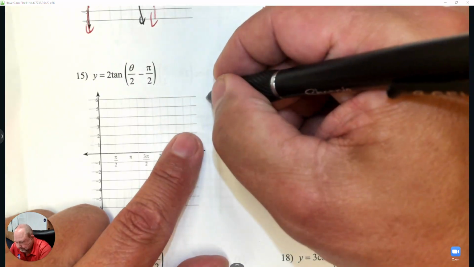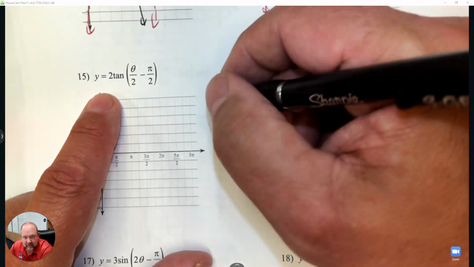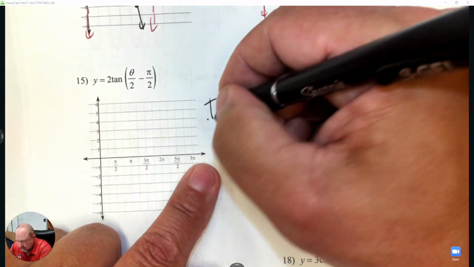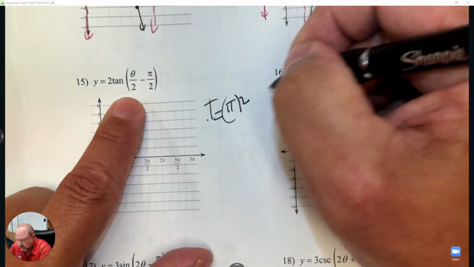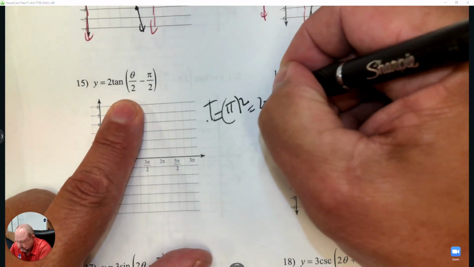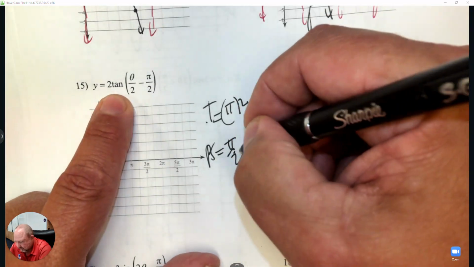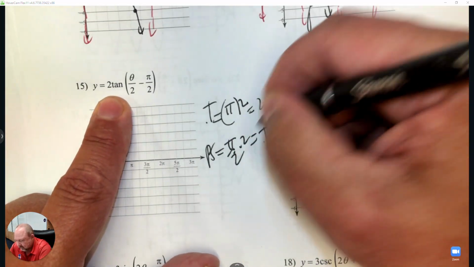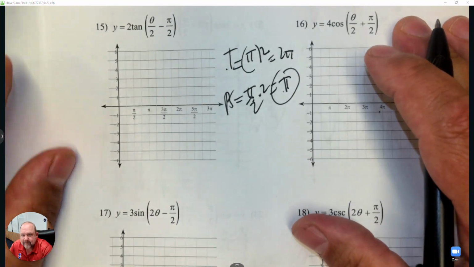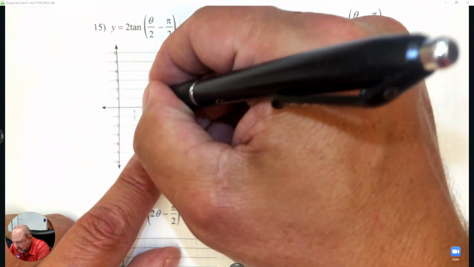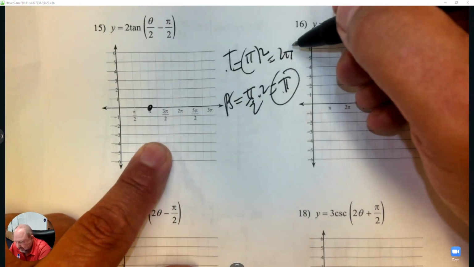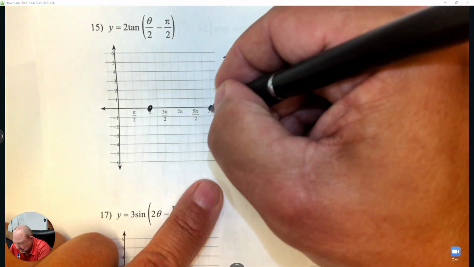Tangent. You can press pause and try it, or you can just keep working with me. So the period is 1 pi times 2. That's 2 pi. And the phase shift, we're starting positive pi over 2 times 2. So the 2's cross out, and it starts at pi. So tangent starts at pi, right there. And then 2 pi would make this 3 pi.